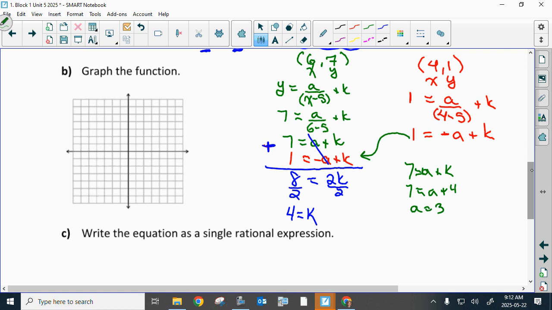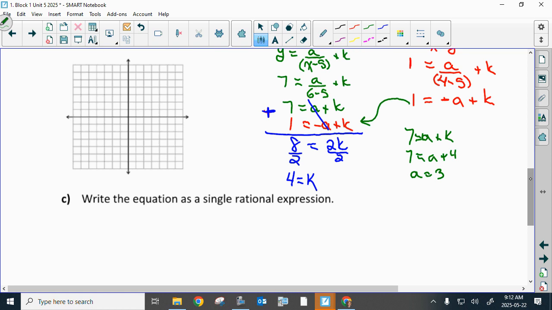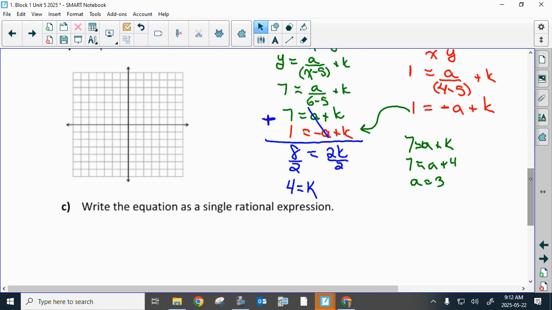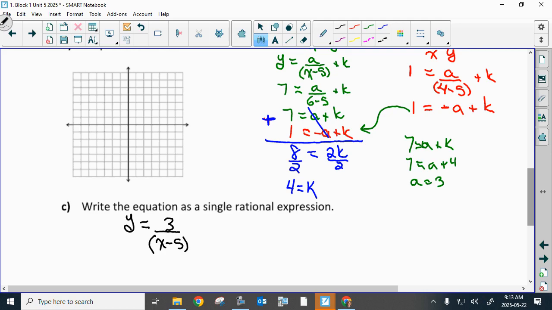Okay, we're going to graph the function, but I'm actually going to write it as a single rational function first. So when I put all the details together, we've got y is equal to, my a value is 3, over x minus 5, and then my k value is 4. I don't like graphing this. It doesn't seem intuitive to me.